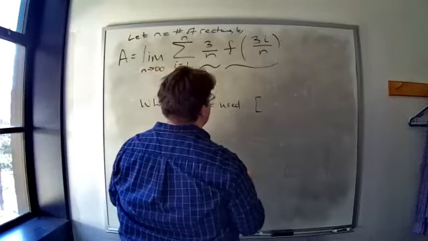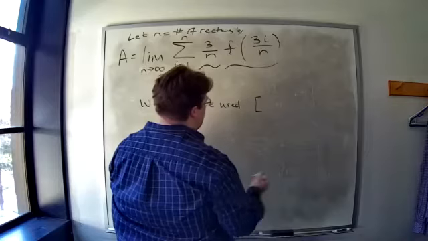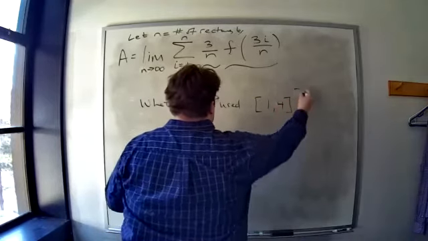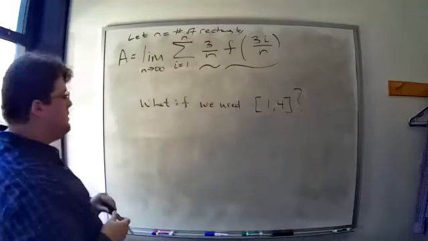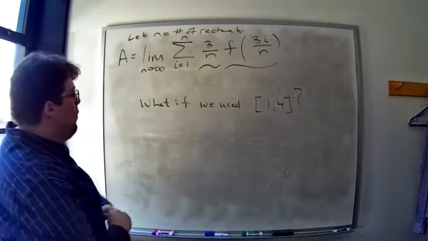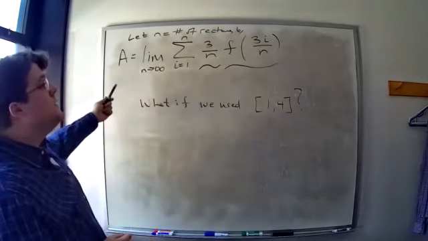Let's say I used 1 in the lecture. Yeah, let's use 1. What if we asked the same exact question and wanted the interval 1 to 4? And the question would be, what in this formula is different?